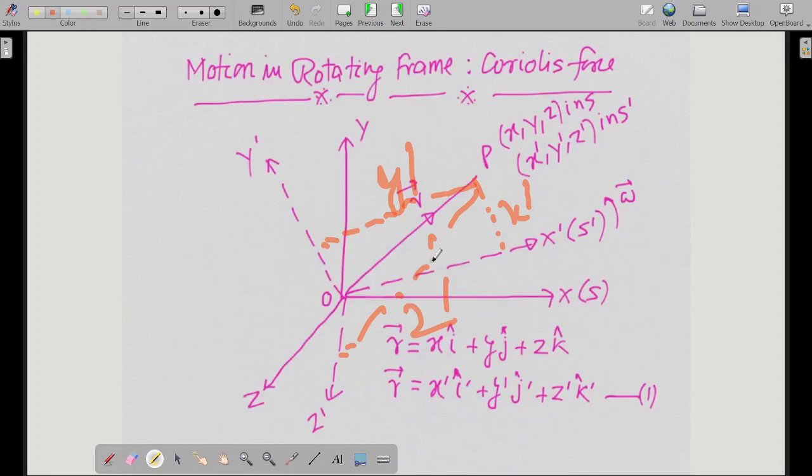When we take the rate of change of these, we get the velocity of this particular point with respect to the rotating frame, and you can certainly see all of this.